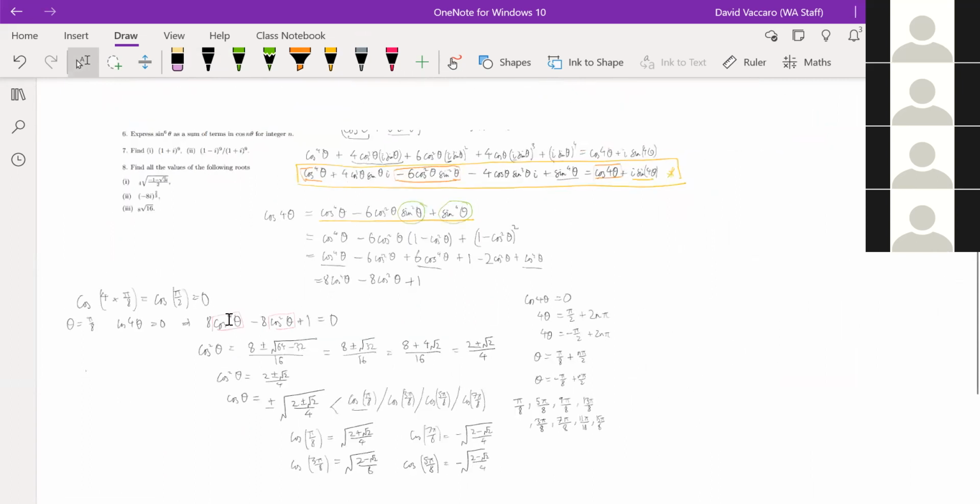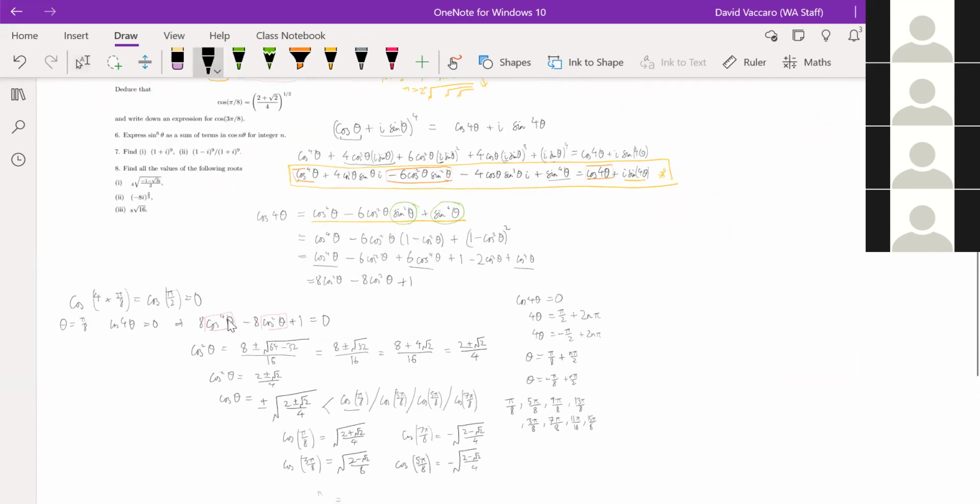Okay, so what's the moral of this question? So de Moivre's theorem allowed me to get an expression for cos 4 theta. The expression for cos 4 theta initially included even powers of cosine and even powers of sine, but the even powers of sine we could turn into cosines using the identity sine squared theta is 1 minus cos squared theta.